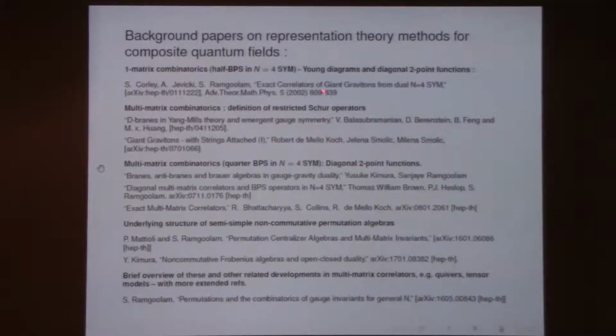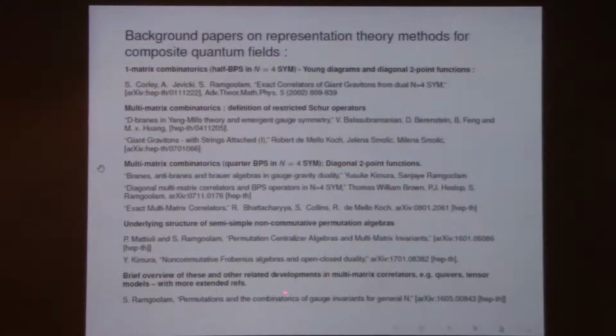And the perspective on this that I will be taking is sort of looking at these multi-matrix combinatorics developments using some algebras and the structure of these algebras. So I'll explain what I mean by structure of these algebras as I go on. And this perspective was developed in a couple of papers a few years ago with a student and also by Kimura independently.